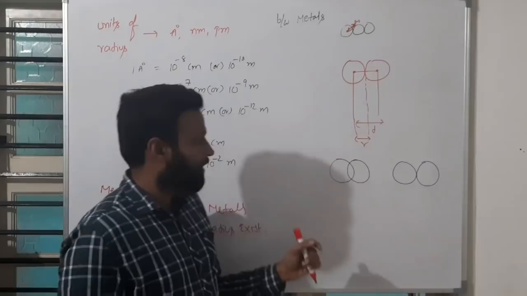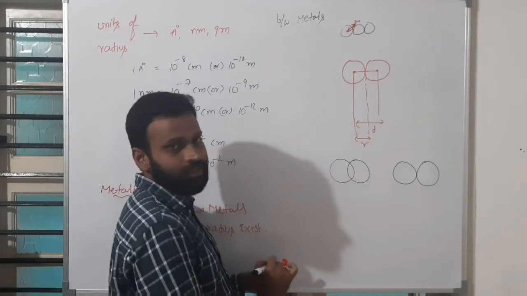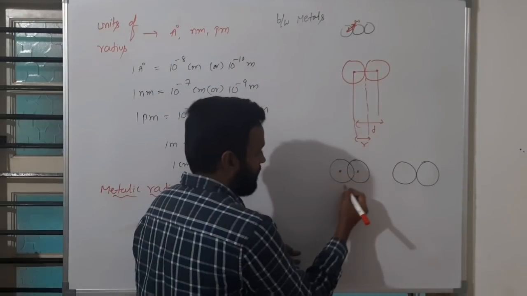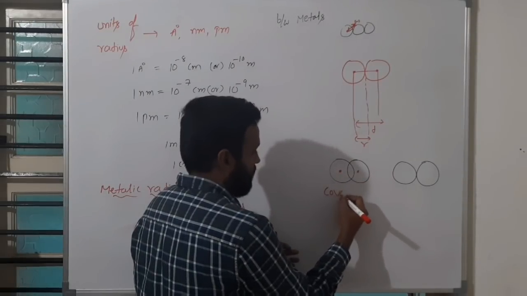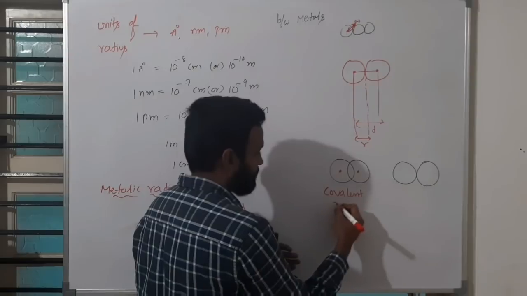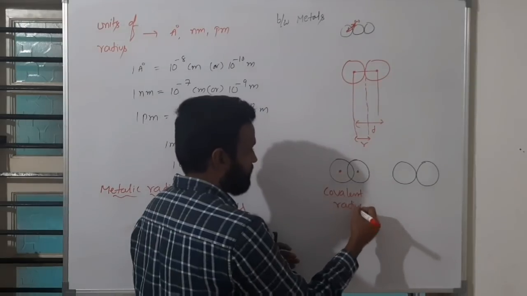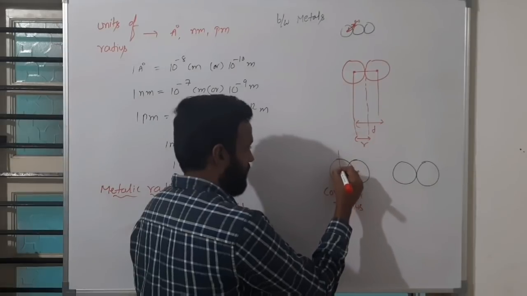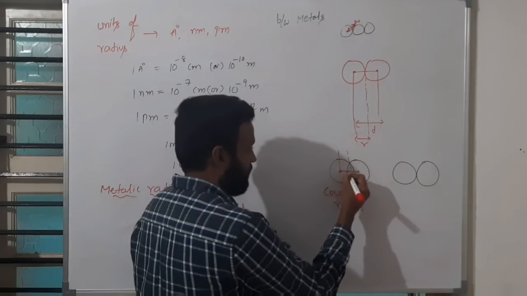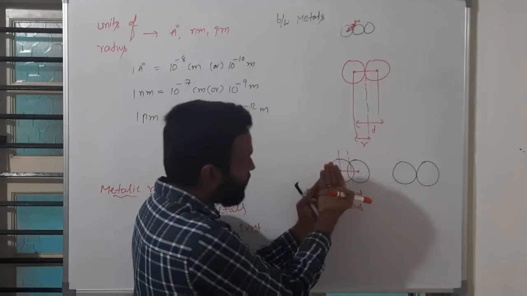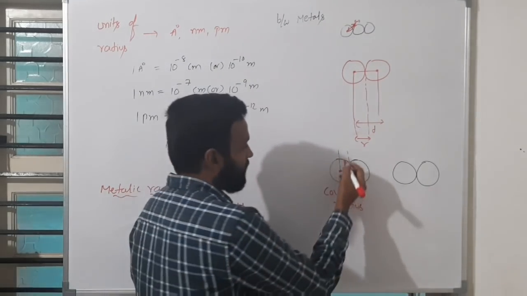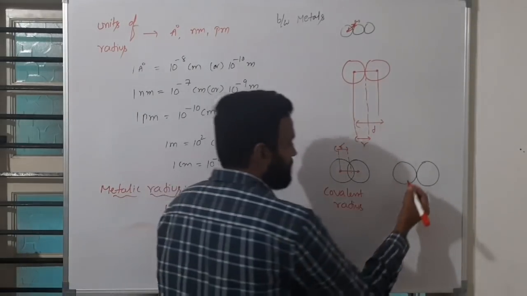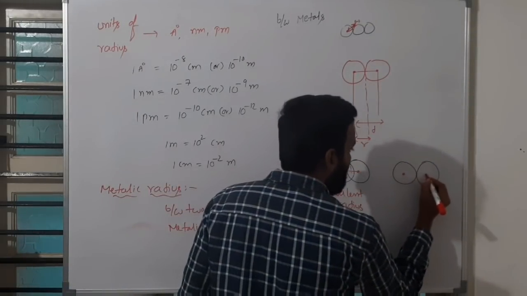Now let's see. Between whom do you have covalent radius? Between this atom and this atom. Here what radius? Covalent radius exists. Why? Because this one and this one are covalently bonded, one atom into the other. So here the radius is R. But here, metallic radius.